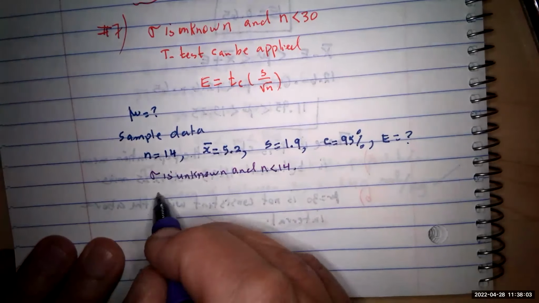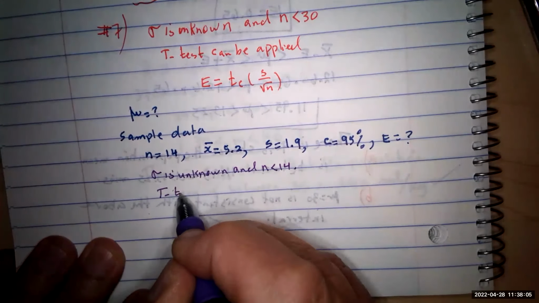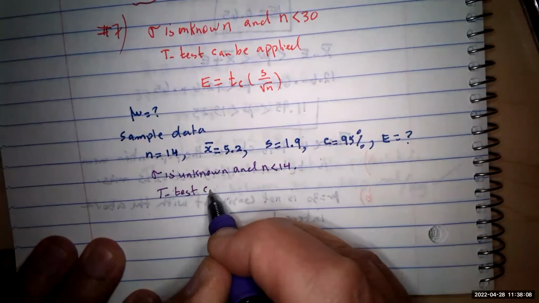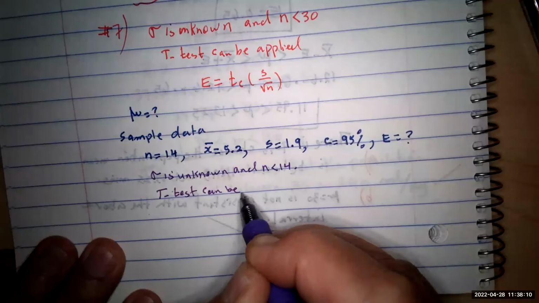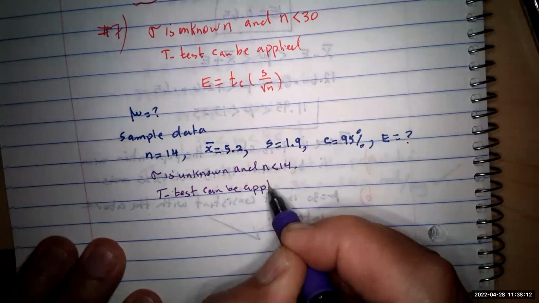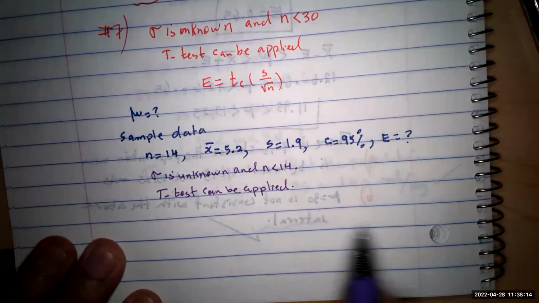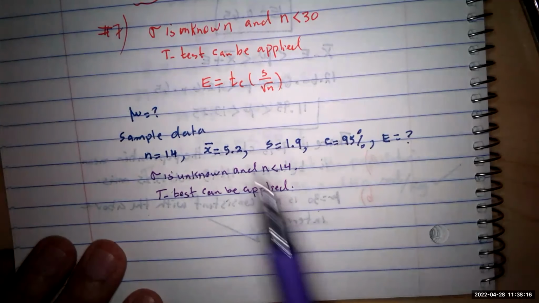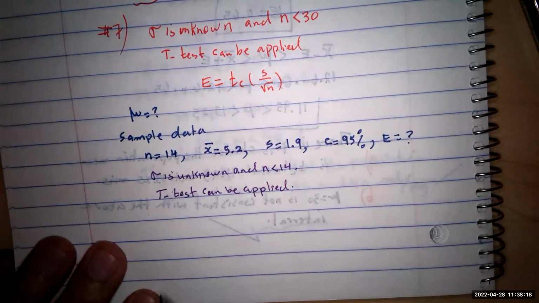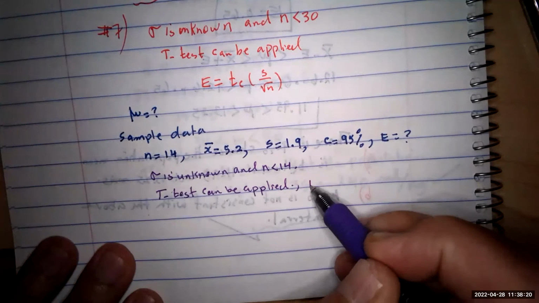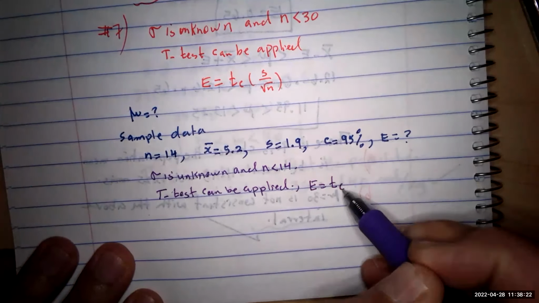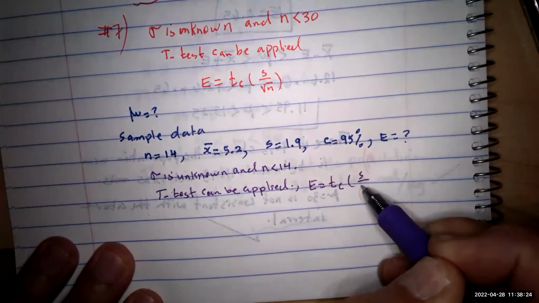So the t-test should be applied. The t-test can be applied. So we need the TC. That's a formula, that's going to be E. Your E is going to be TC S over radical N.